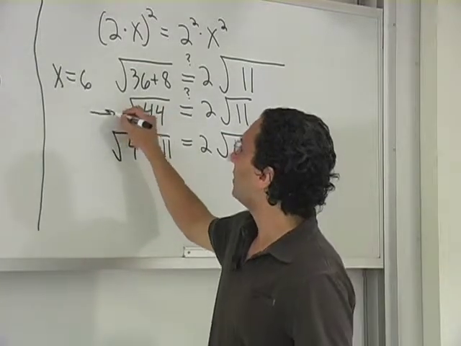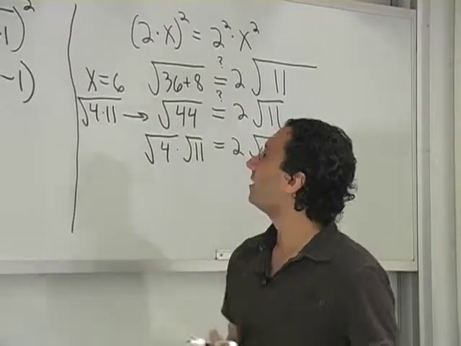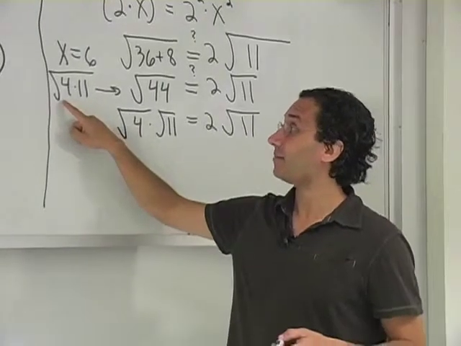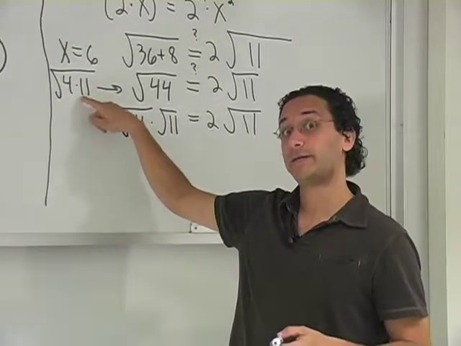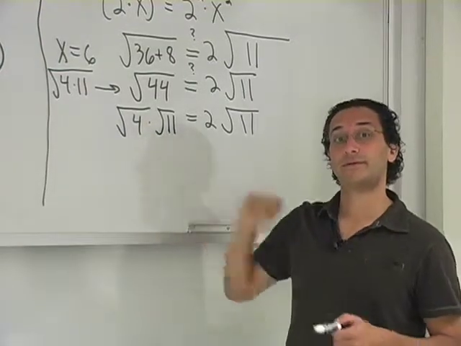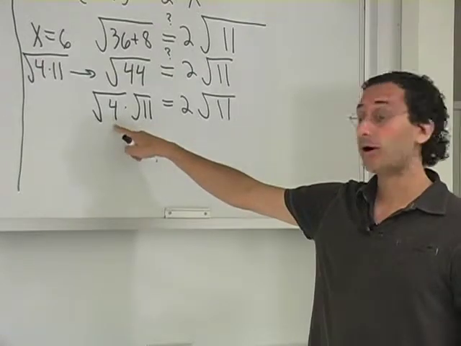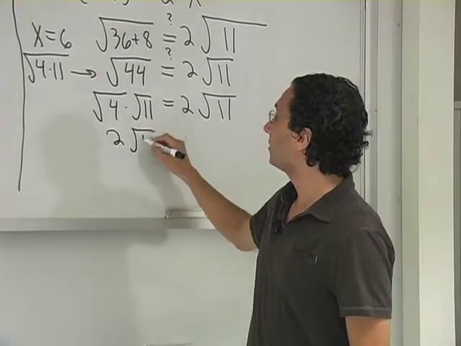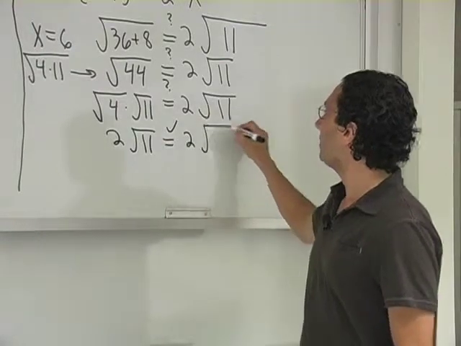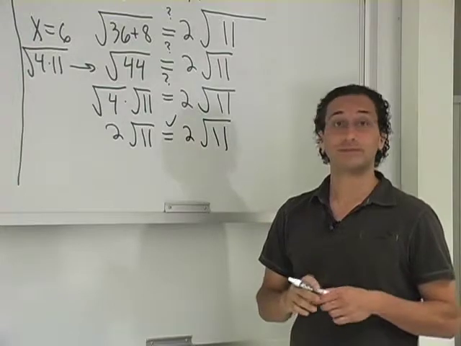Well, that's true because 44 is 4 times 11. And we have a property of radicals which says that the square root of a product is the product of the square roots. So that's why we're allowed to do that. And then we see that the square root of 4 is 2. So this was a question mark, but now we know it's actually true. And x equals 6 is one of the possible solutions.